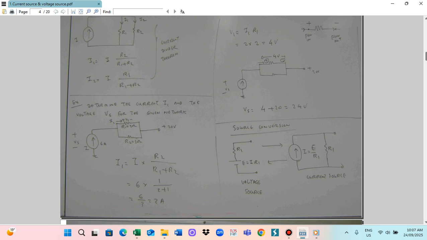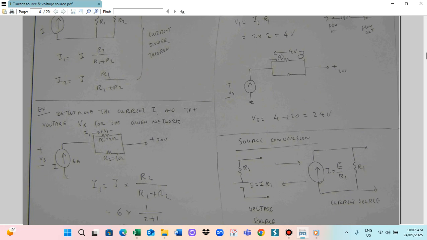Okay, then you get the circuit diagram. This is for the supply voltage Vs. This is ground. And this one voltage is already the 4 volt, and this one is 20 volt. When the current flows into a resistor, the flow-in point is positive and the flow-out point is negative.